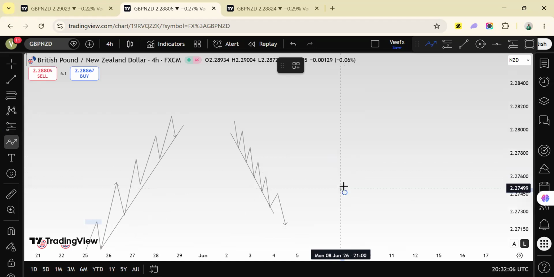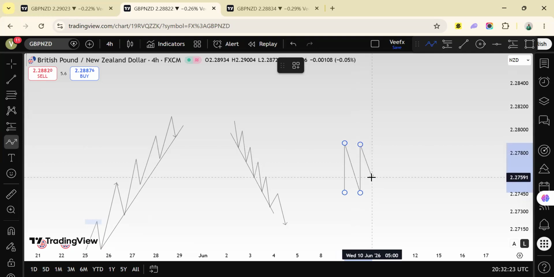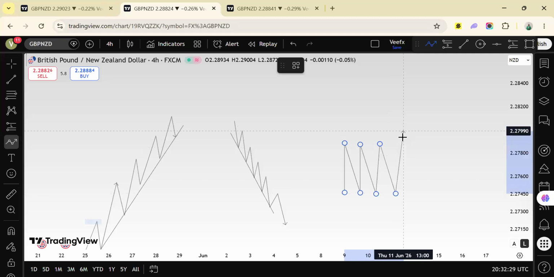Now, what that means is literally the market is moving from one point to the other. It is just bouncing off from point A to point B, right? It's bouncing off from resistance back to support, going back to the resistance. So it's literally in the same zone, right?